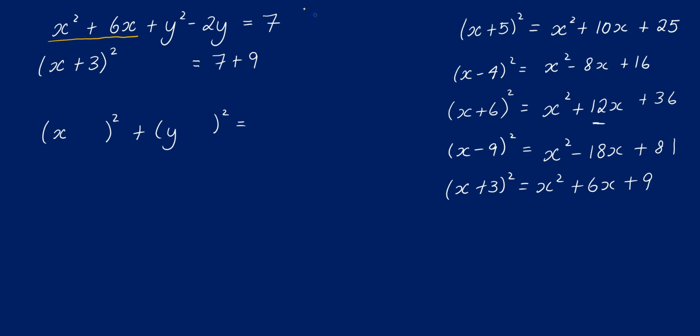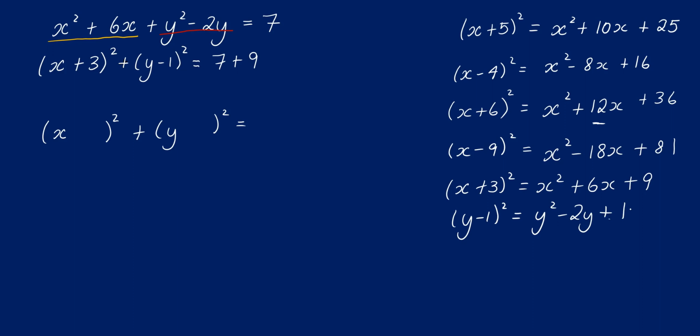So we look at the y bit now, and half of minus 2 is minus 1, and that becomes y take 1 all squared. And again, when I expand y minus 1 squared, I get y squared take 2y plus 1. So I wanted the y squared and the minus 2y, that's here, but I've added in a 1.